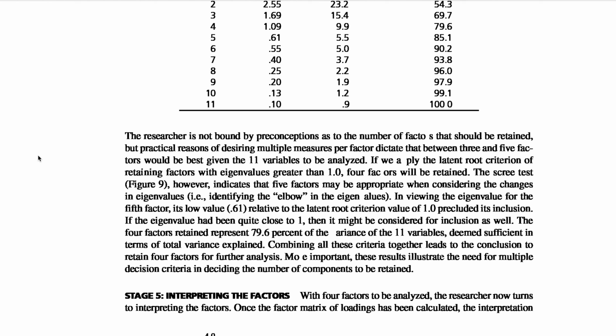The scree test, which is shown in figure 9, however, indicates that 5 factors may be appropriate when considering the change in the eigenvalues, that is, identifying the elbow in the eigenvalues. Viewing the eigenvalue for the fifth factor, it is lower than 1.0, at 0.61.